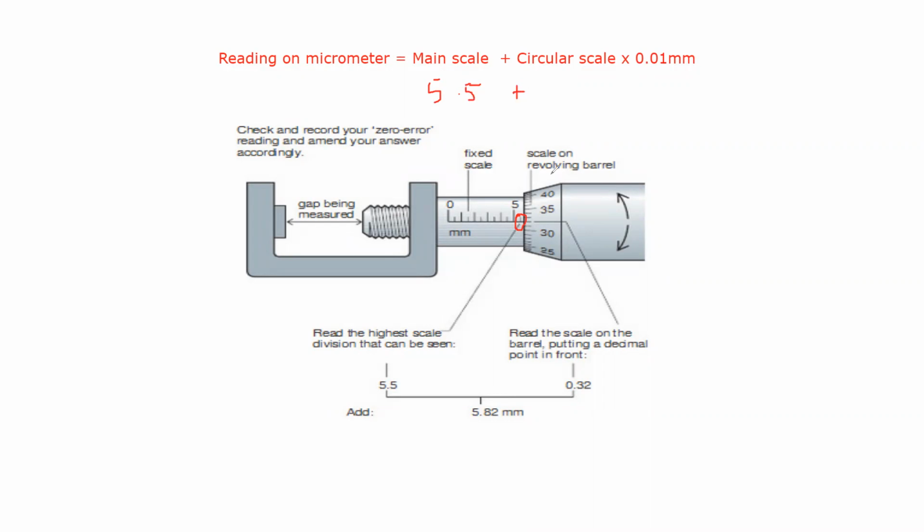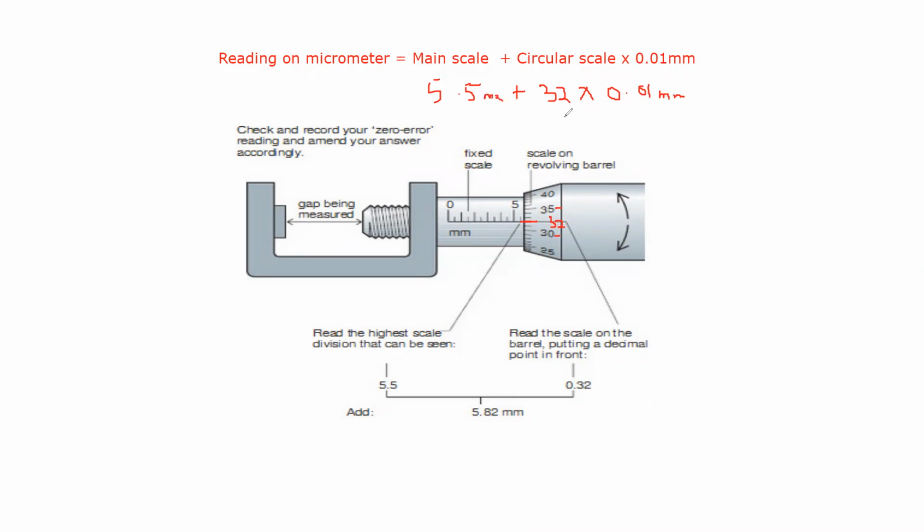What about the circular scale reading? Here is 30 and 35. So after 30, there will be 31 and then 32. So this line is actually 32. So this will be 32 multiplied by 0.01 millimeter.